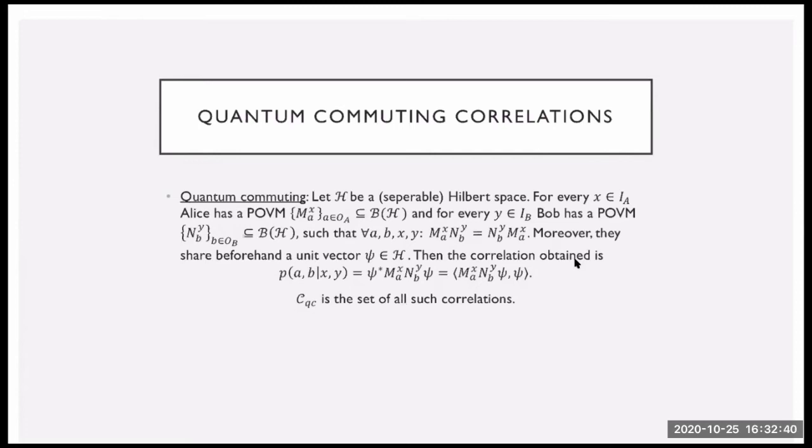So this quantum commuting model, you should think of it as the situation where there is no easy way to make the space separate, but you can still model the fact that it doesn't matter which one goes first. Okay, great. So let's read what's written here. Now our whole space is just a single Hilbert space.